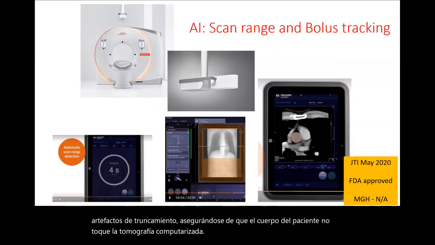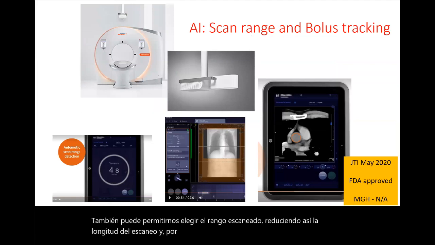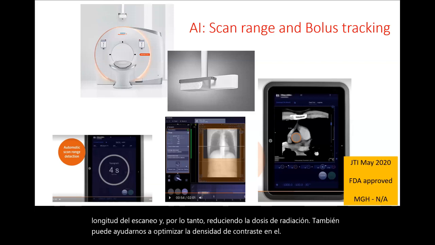It can also enable us to choose the scan range, therefore reducing the scan length and therefore reducing the radiation dose. It also can help us optimize the contrast density in the vasculature and appropriately trigger the scanning.